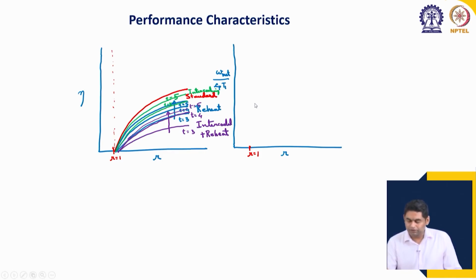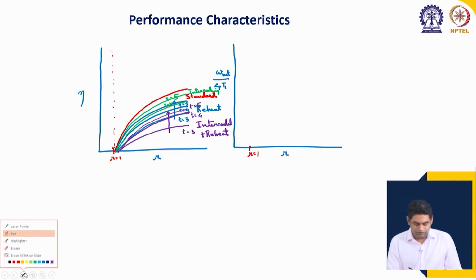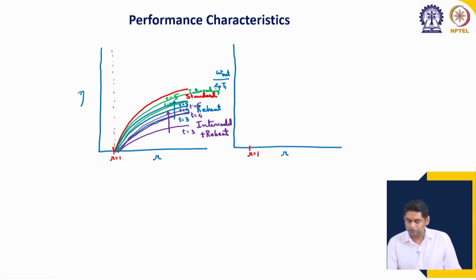So, the work output, standard Brayton cycle work output we already know. Let us draw for only one case. We can draw for other cases, but it becomes very congested. R equal to 5. So, this is standard Brayton.